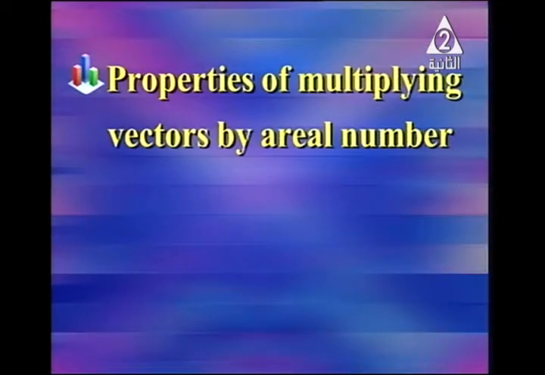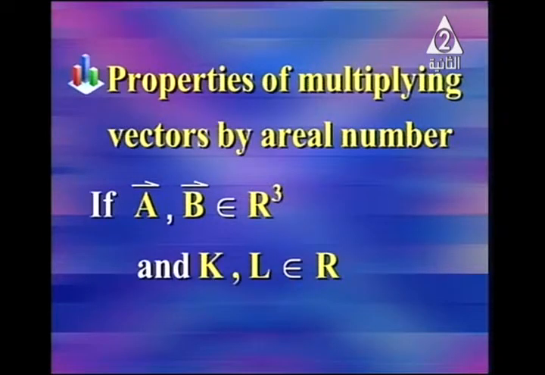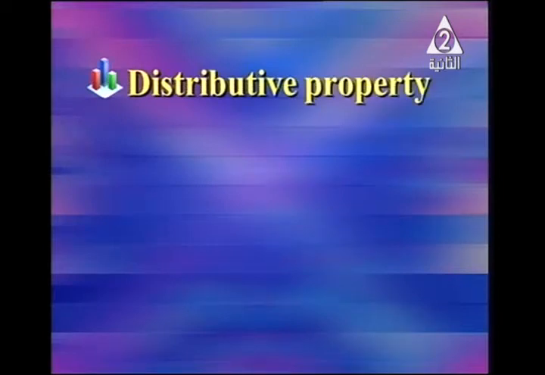Now we move to properties of multiplying a vector by a real number. If we have two vectors, A and B vector belonging to R3, and K and L belong to R, or real numbers, then we have the distributive property. What is the meaning of distributive property?